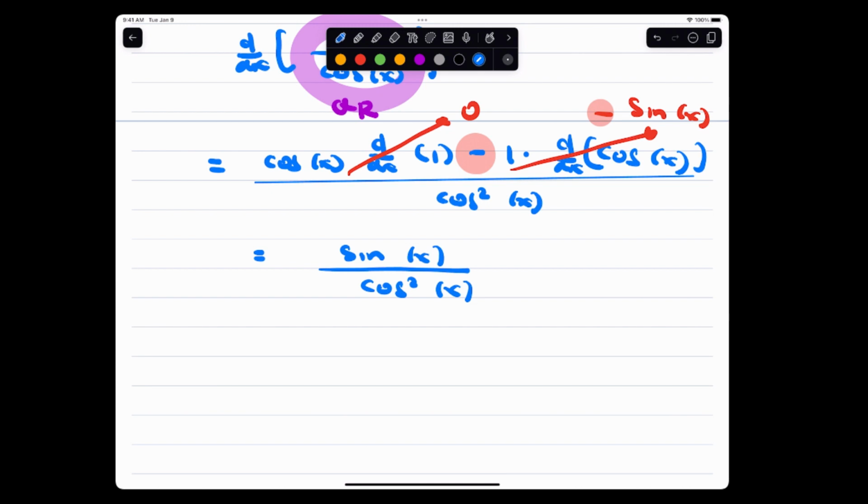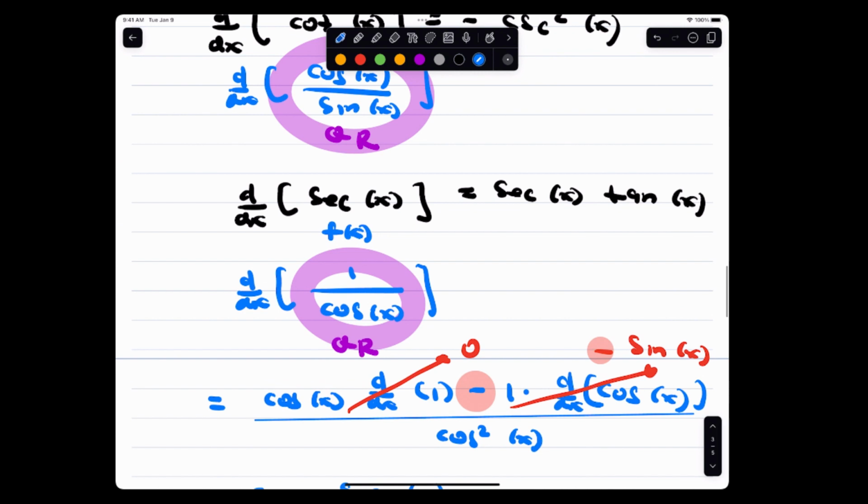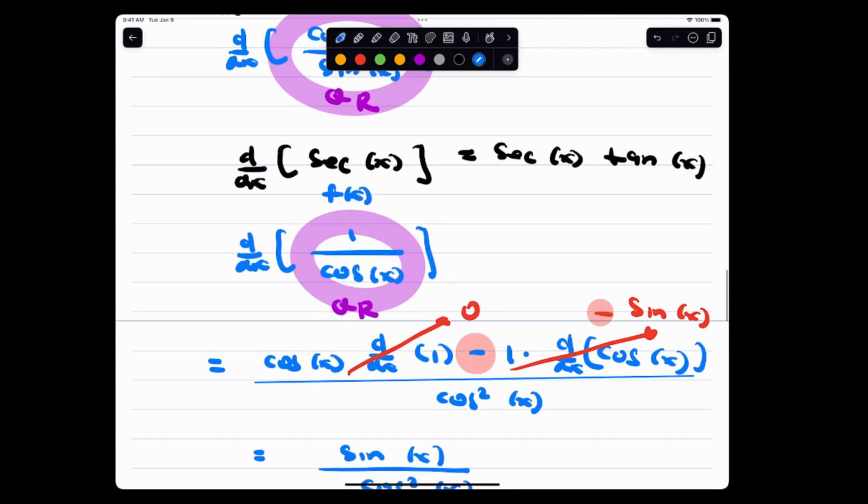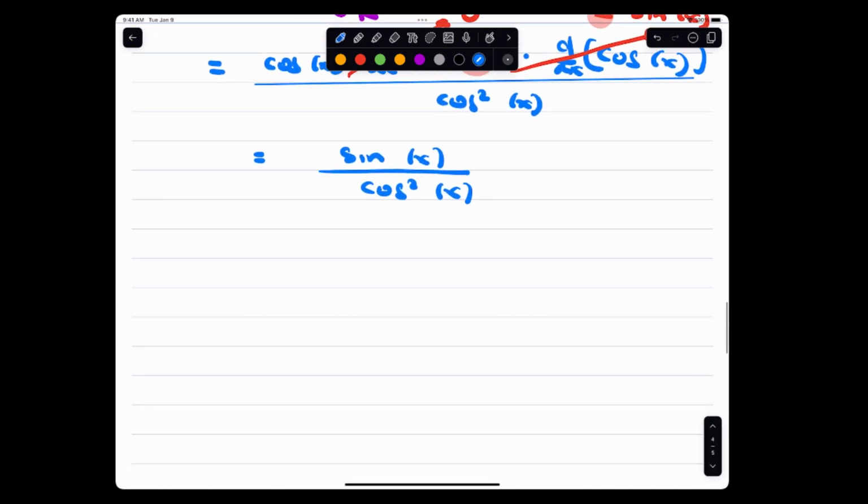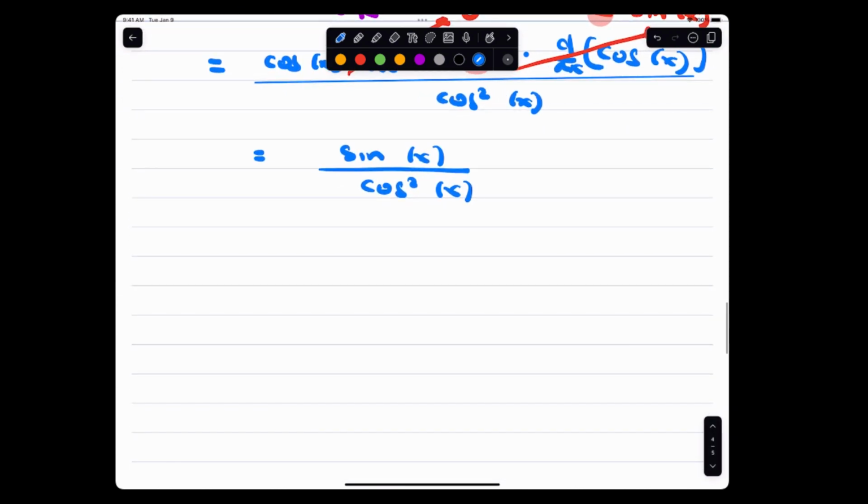So you might say, Mr. Judge, how did you get the derivative of secant being secant tangent? How did we get that? Well, when you take a trig course, there's something called proof. And I know from my experience teaching trig, not everybody likes proof, right?